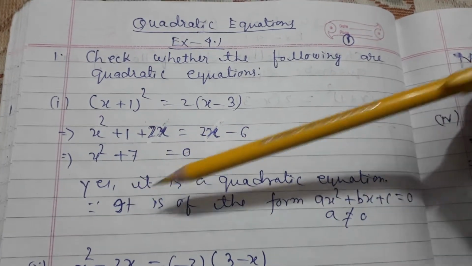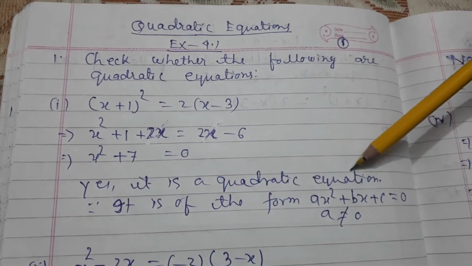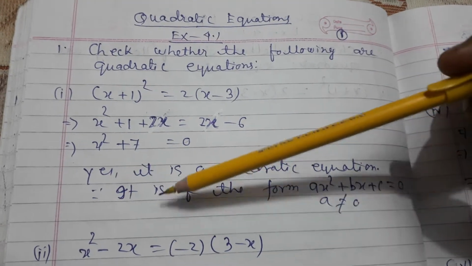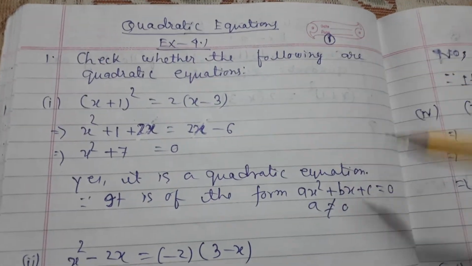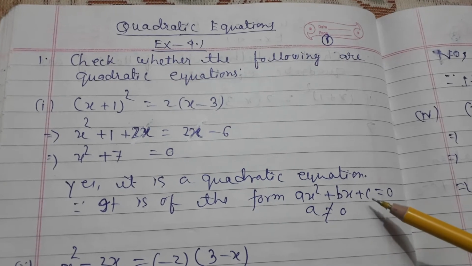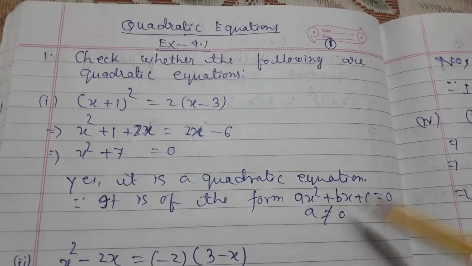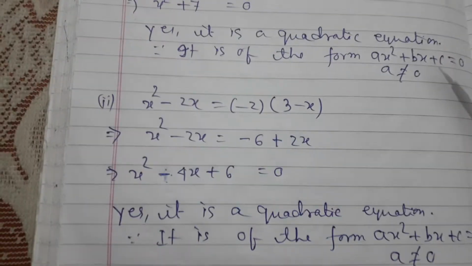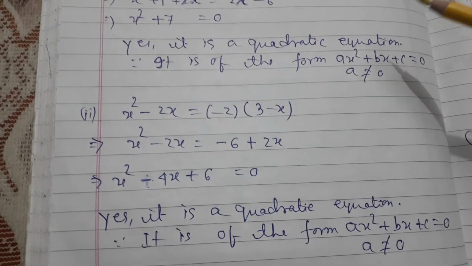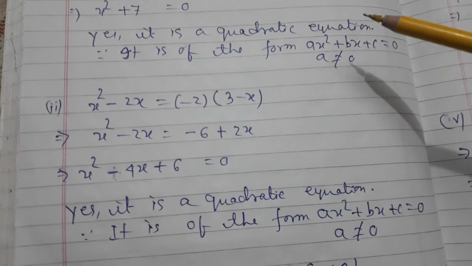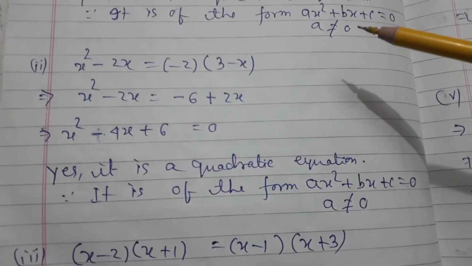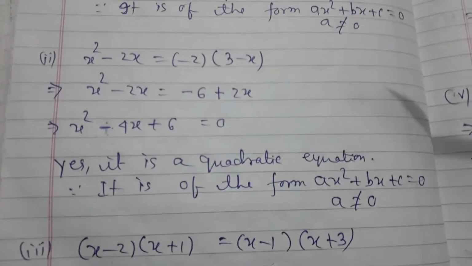So, yes, it is a quadratic equation, since it is of the form ax square plus bx plus c equal to 0 and a not equal to 0. So, the first question is finished. Did all the students understand?